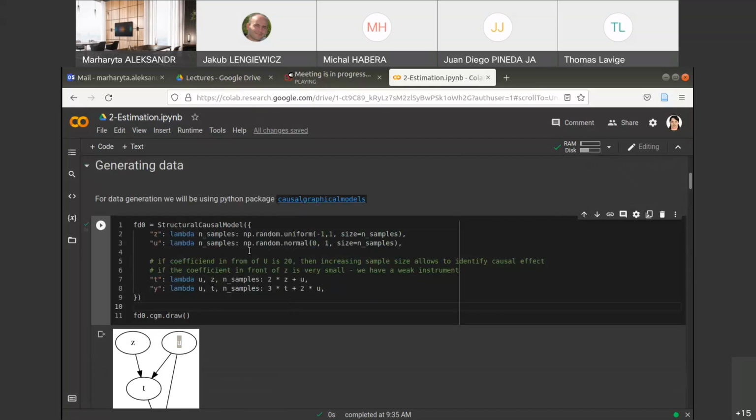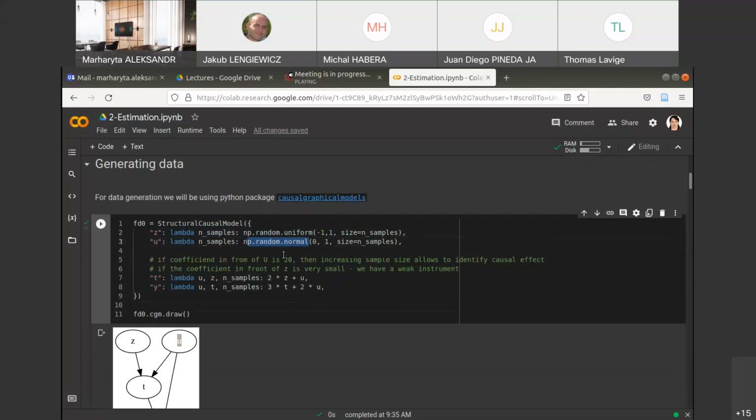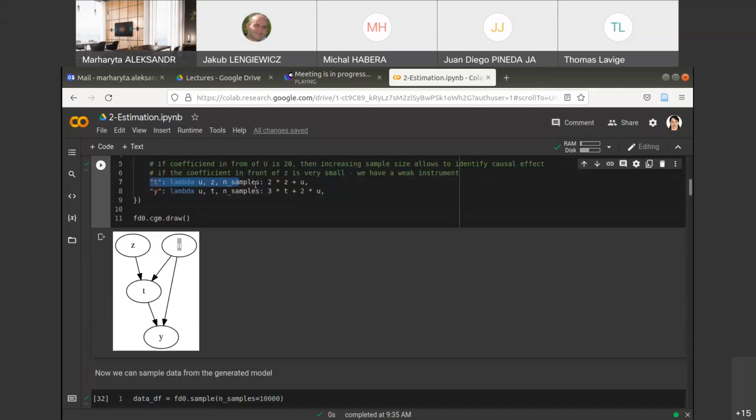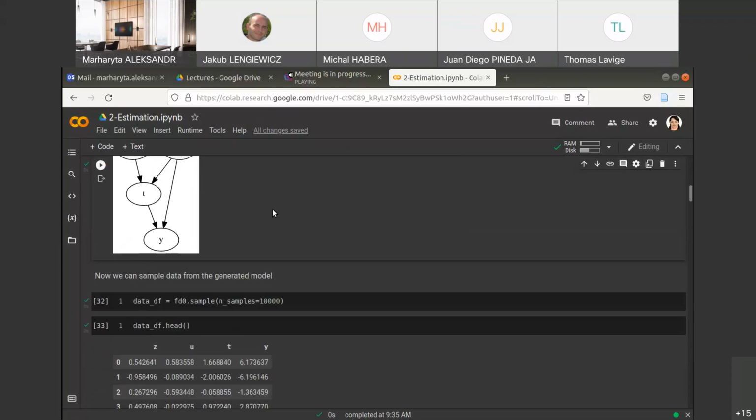Let us have a look at the functional definition. We have z as a random uniform, u is also some random variable, then t is a linear function of z and u, and y is a linear function of t and u. And from here, as I said, we can already estimate what the true causal effect is. It is the coefficient for linear models, so our correct value should be equal to 3.